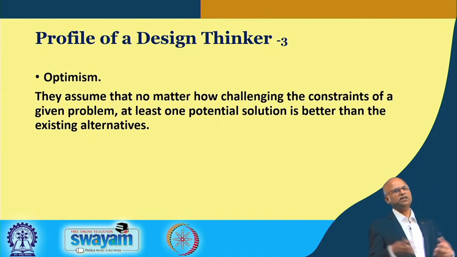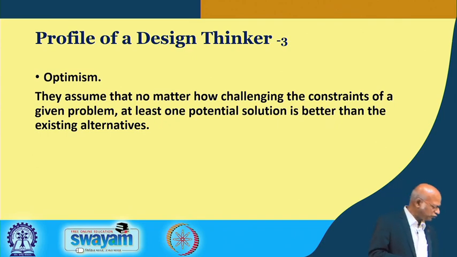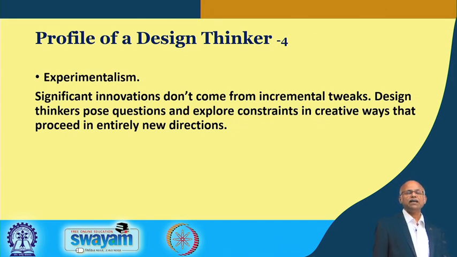Third is optimism, the leap of faith that I said. They assume no matter how challenging the situation is, it is always possible to come up with a solution which is better than the existing alternatives, and they do not hesitate to do experimentation over and over again. I talked about Dyson. Dyson himself says that for his first prototype, he made something like 3000 plus prototypes.